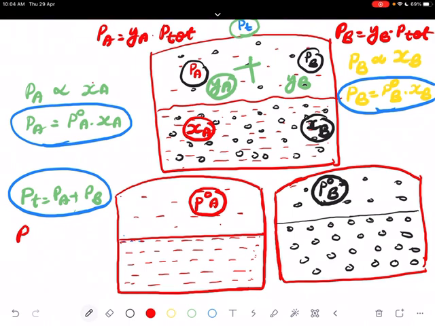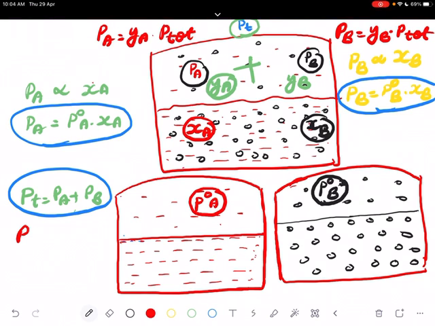So many equations are there in this. PA is equal to P naught A XA.